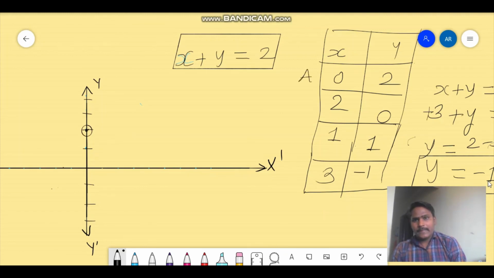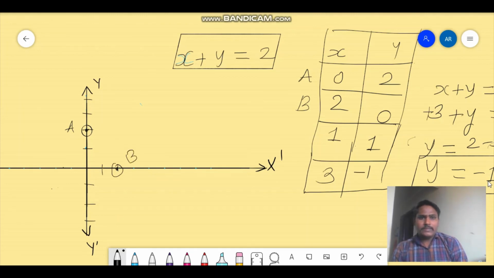Let this be A. Now the second point, (2, 0): everywhere on the x axis y is 0, and let this point be B, so (2, 0) can be plotted here, 1, 2. So here we will plot this point, this is nothing but B.